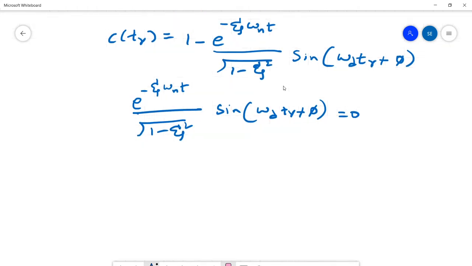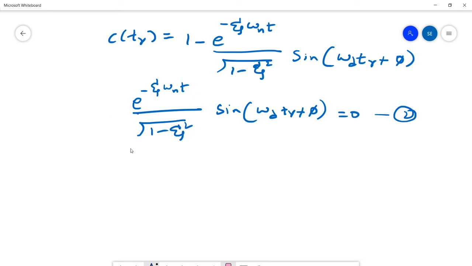As we know, the exponential term cannot be equated to 0. Whatever value of omega n or zeta you substitute, the exponential term can't become 0. I'll make this equation 2.